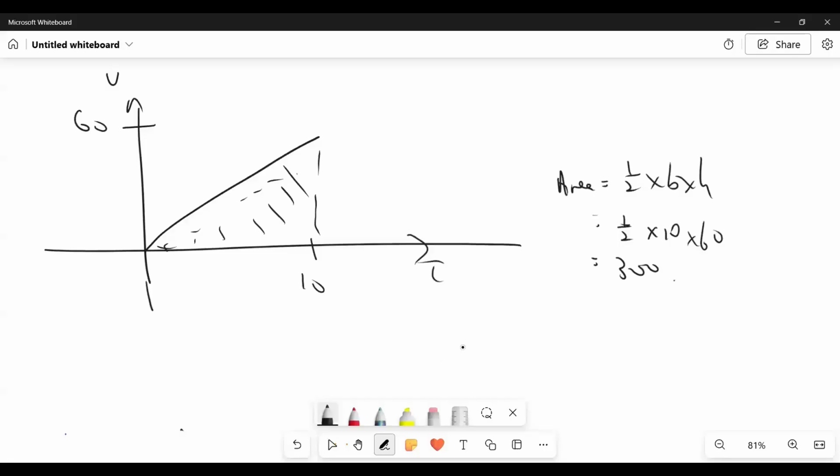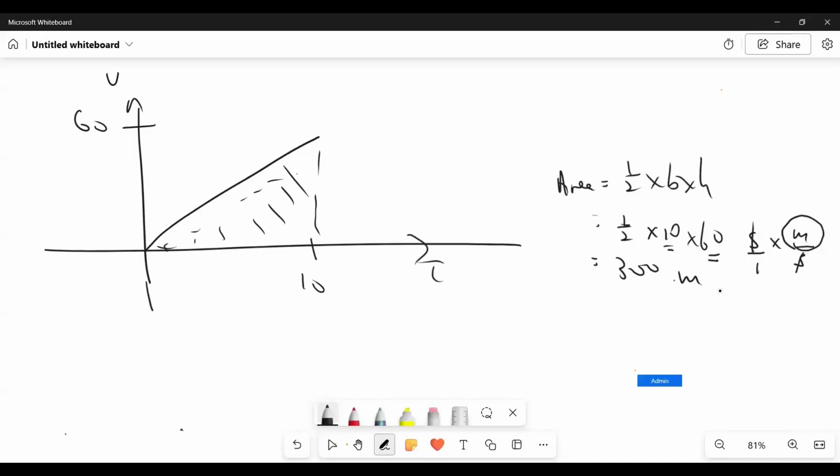But I want to show you something with the unit. This time is in seconds, and this here is in meters per second. So you would have seconds multiplied by meters per second. Watch this. If I put this over 1 and cancel this second and that second, the unit becomes meters. See that?